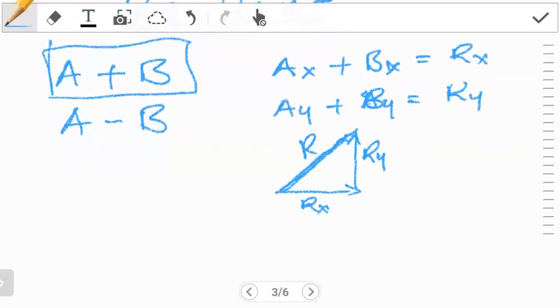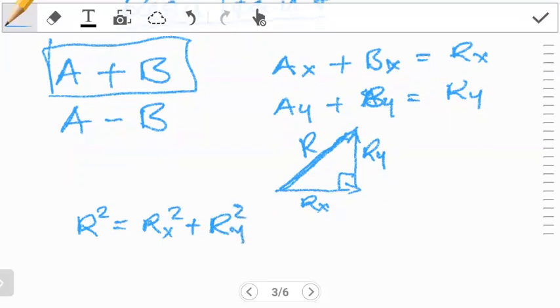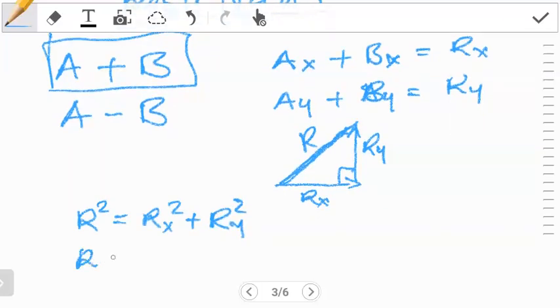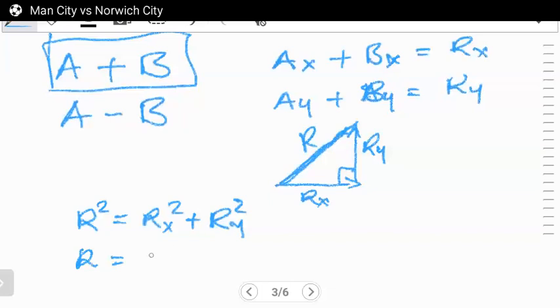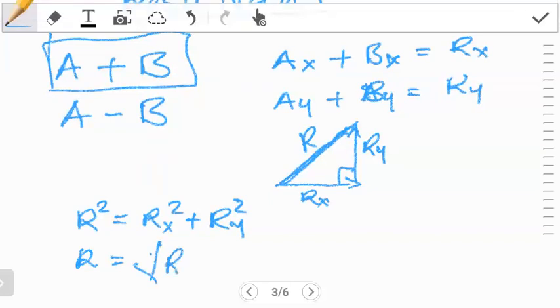You should observe that the longer side, the hypotenuse of a right angled triangle, is given by the sum of the squares of the two shorter sides. So in other words, the resultant is obtained by getting the square root of rx squared plus ry squared. So this is the method that we're going to use.